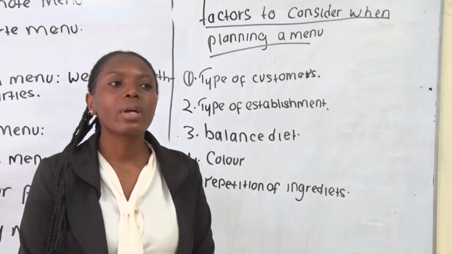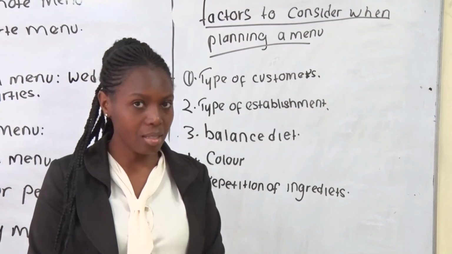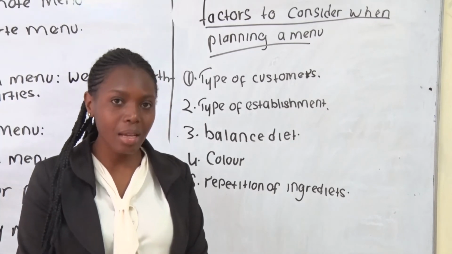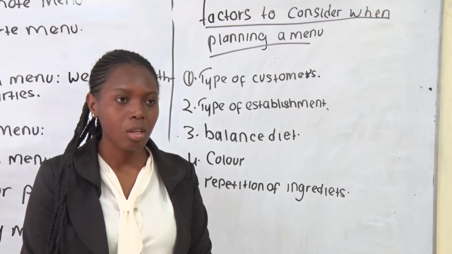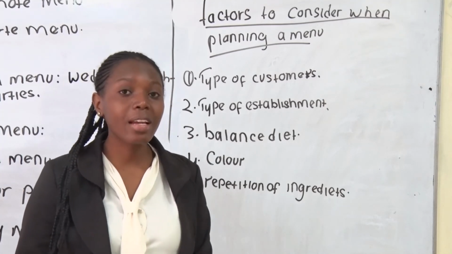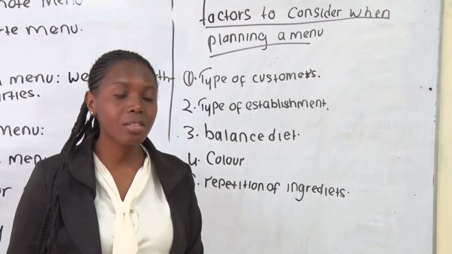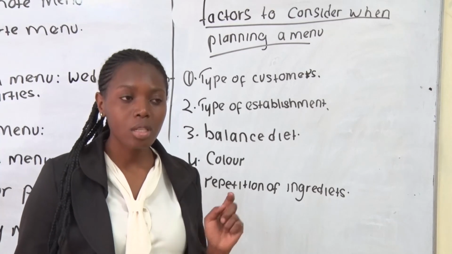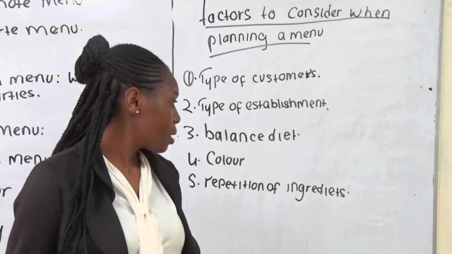For example, you used potatoes in your starters. Then in the main meal, you repeat the same and use potatoes. Now there is a repetition of ingredient. If you use potatoes in the starter, you're not supposed to use them in the main meal.